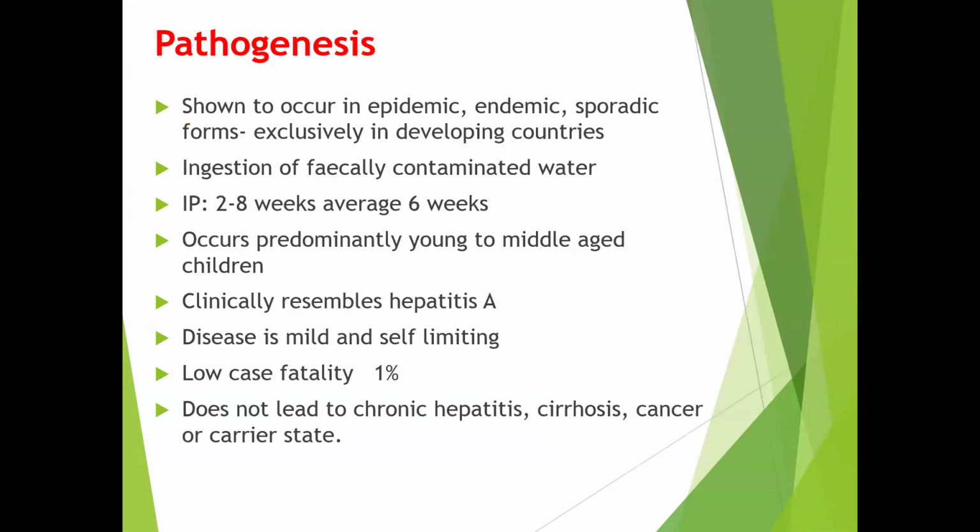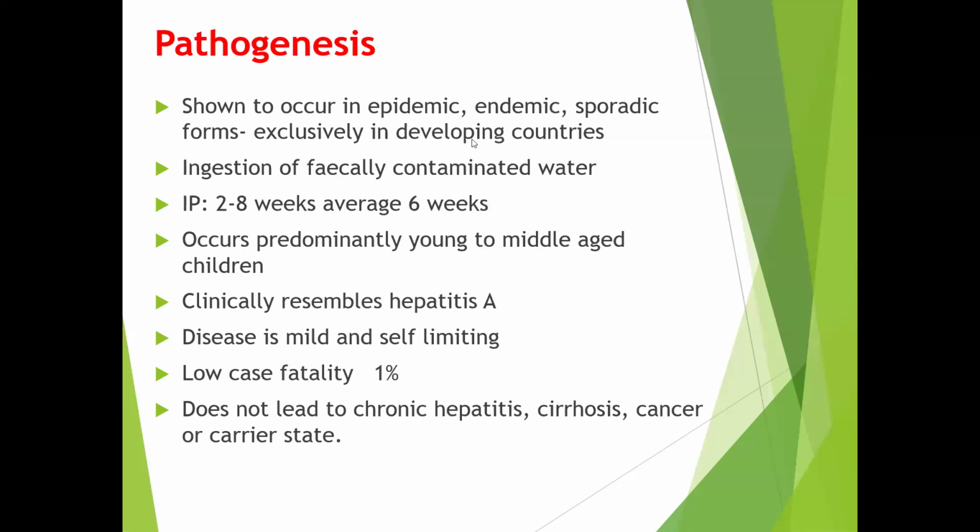So what is the pathogenesis? This infection occurs in epidemic, endemic, and sporadic forms. It takes place especially in developing countries because of poor sanitation, where hygiene conditions are not maintained.